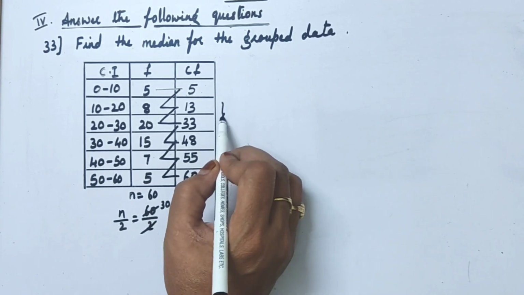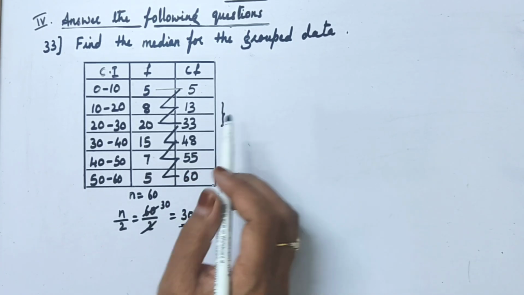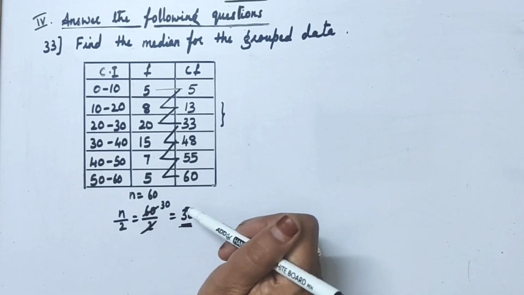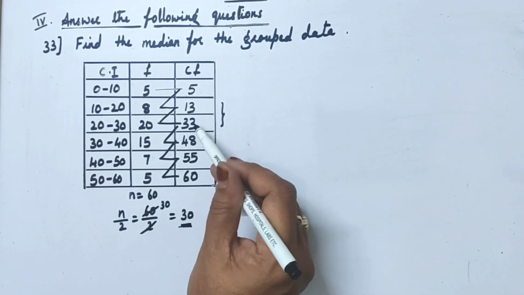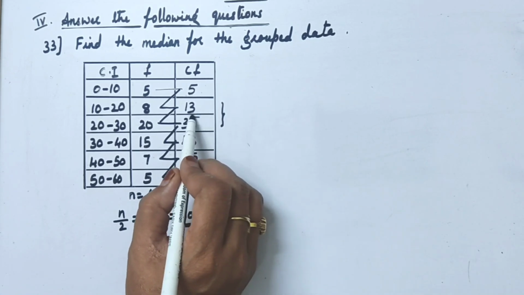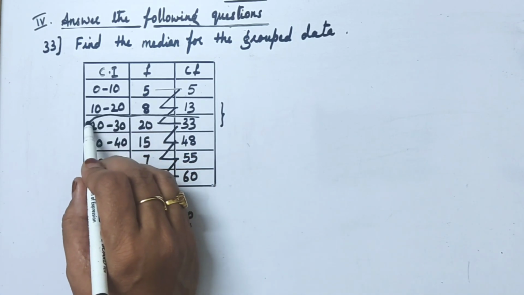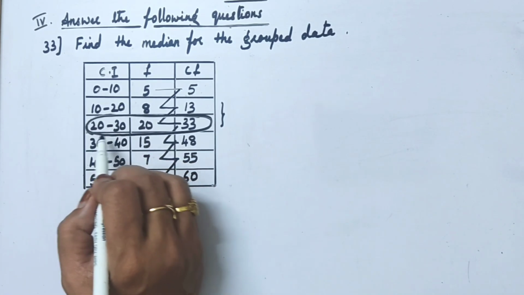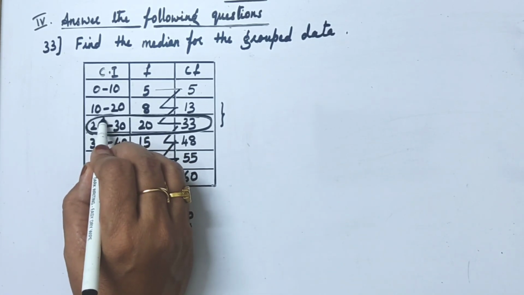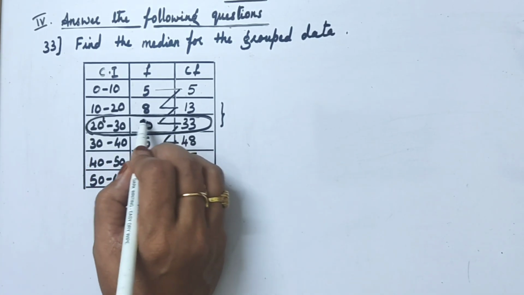It lies between these two terms, you can say. Now we need to take the higher number. As n by 2 is 30, we'll take 33. So this will be the median class. This is the median class, right? L is 20.